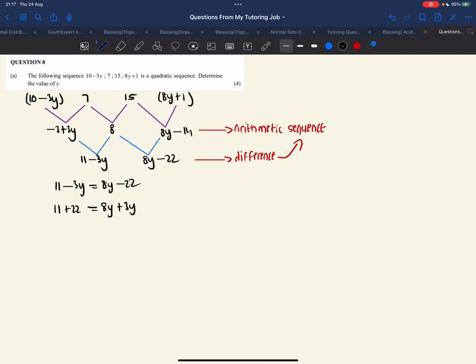And then 11 plus 22 we get 33, equals 8 plus 3 which is 11, so it's going to be 11y. Then you must divide both sides by 11. Then your y should be 3, and that's the answer for the value of y. Okay.